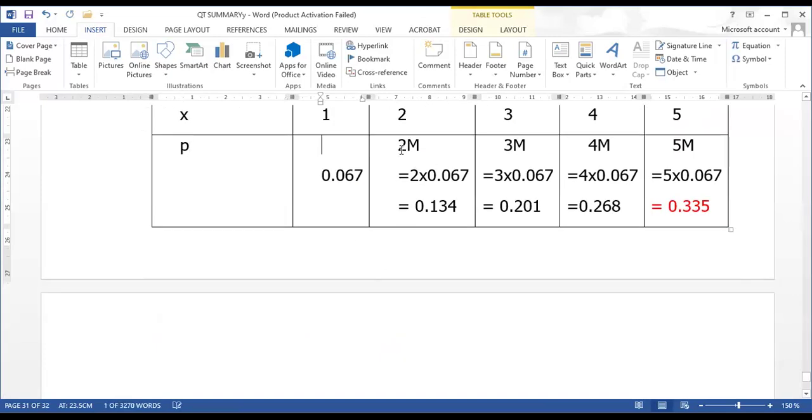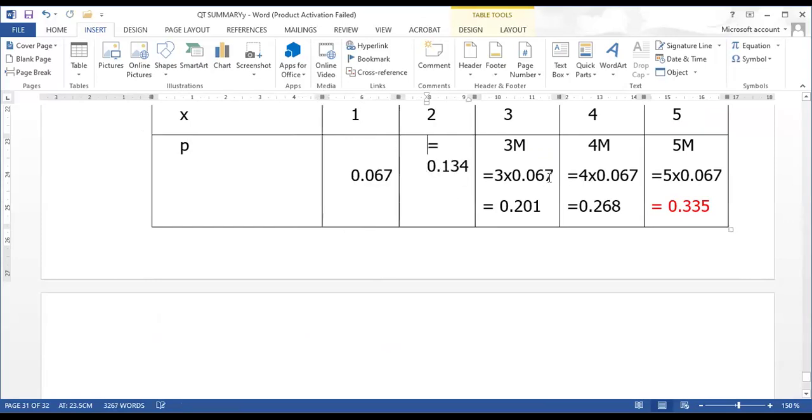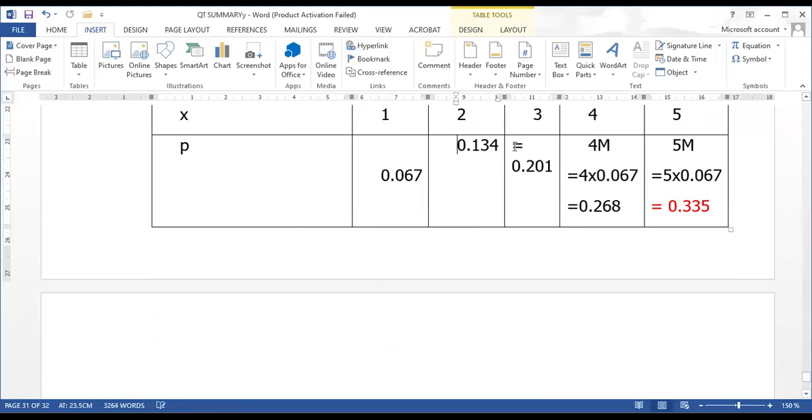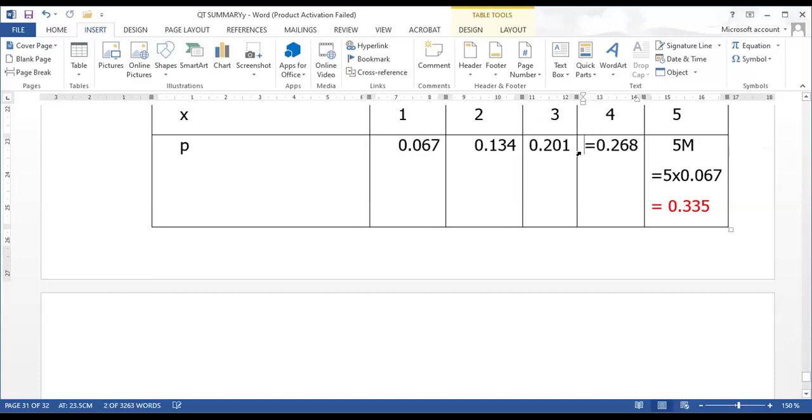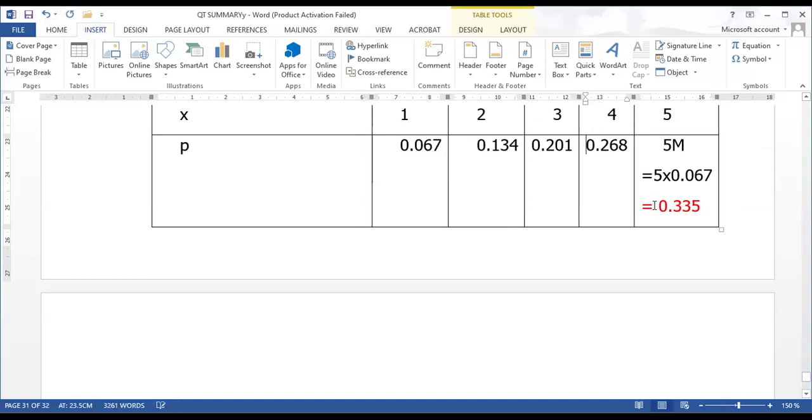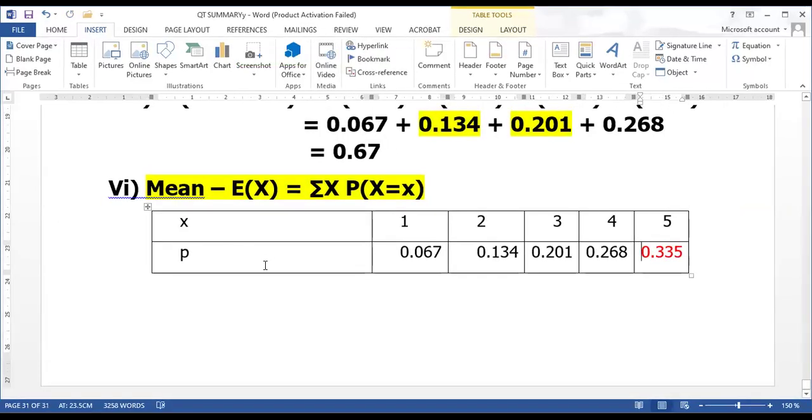I can decide to remove this one so that I remain with only the probabilities.